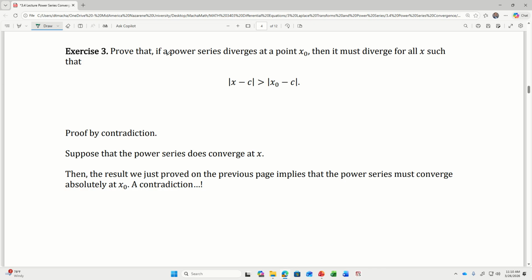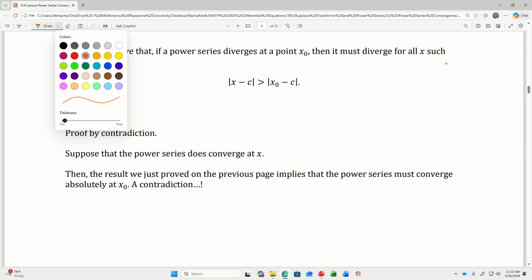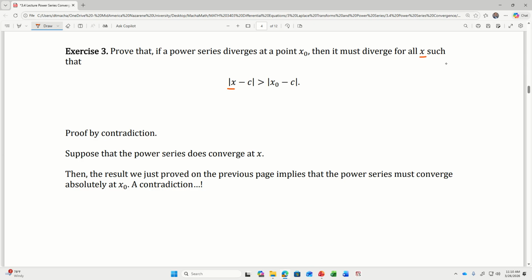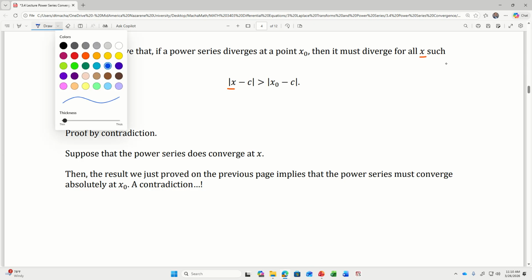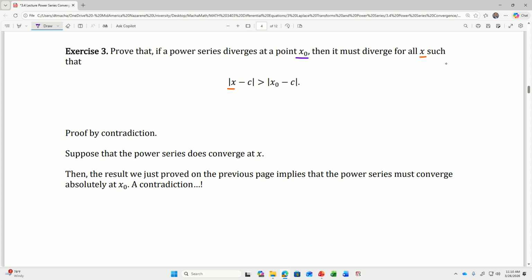If you were asked to prove that if a power series diverges at a point x0, then it must diverge for all x such that the distance from x to the center is greater than the distance from x0 to the center, this proof is really easy. You just say, I can find a contradiction.